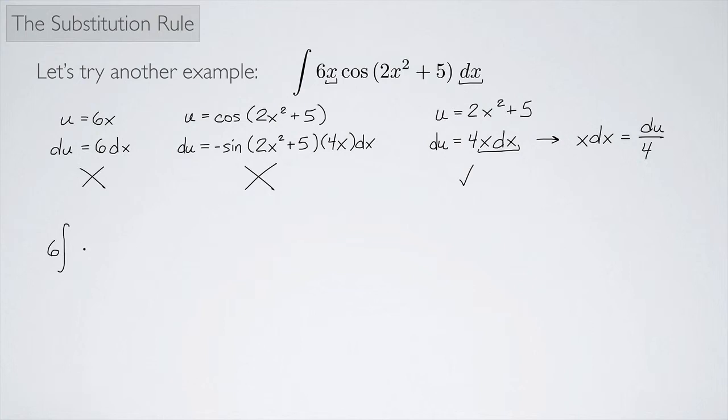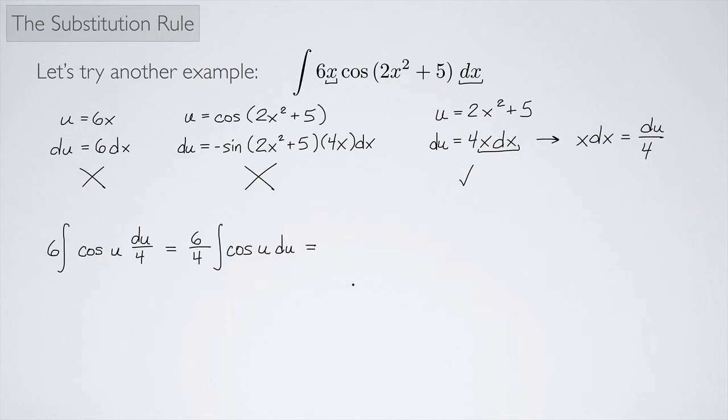It's just the cosine of u, since u is 2x squared plus 5. And then I have the x dx. x dx is du over 4. So let's write that. Now remember that du over 4 is just 1/4 times du. So that 1/4 is a constant. That can be pulled outside. So this would be 6 over 4 times the integral of the cosine of u du.